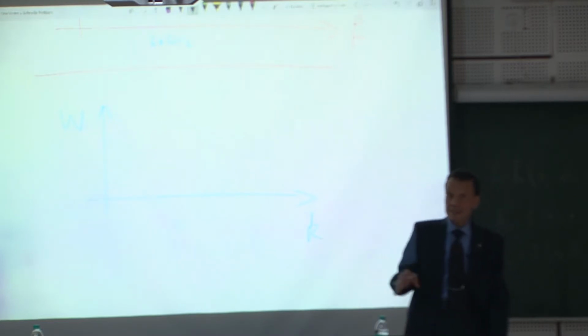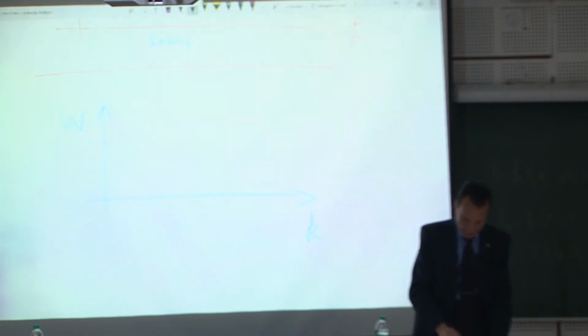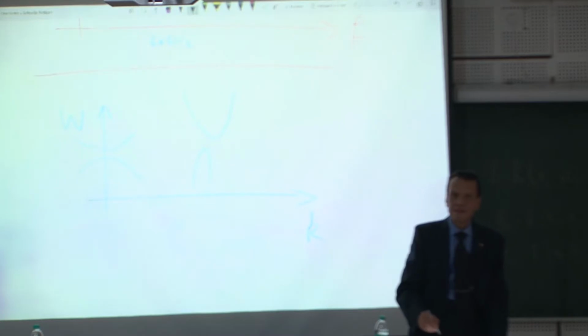If you still remember, if you have the omega-k or energy-k diagram of a lattice, this is something related to physics, you had the band structure. You have something like that. Do you remember these figures? This is the band structure.